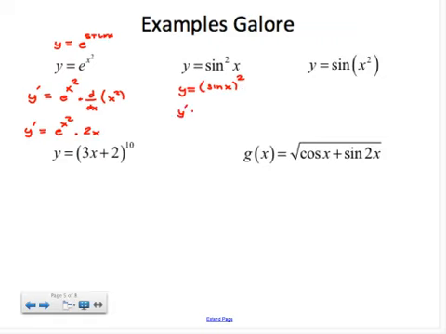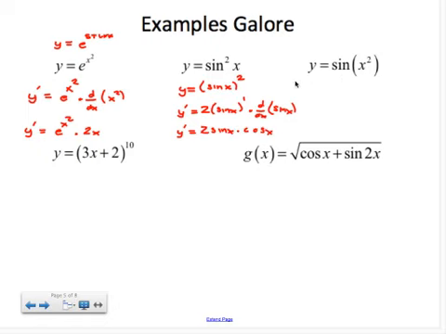The derivative of something squared is 2 times that something to the first power. That's not enough because this is a composition of functions. So I also have to multiply by the derivative of the inner function, the derivative of the stuff, in this case the derivative of sine x. And so my final answer here is going to be 2 times sine x times cosine x.